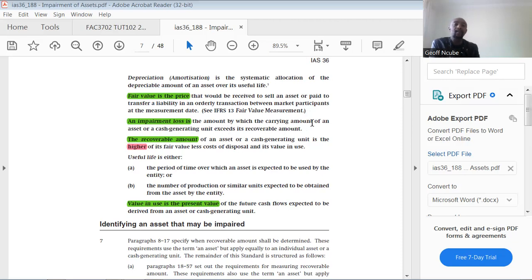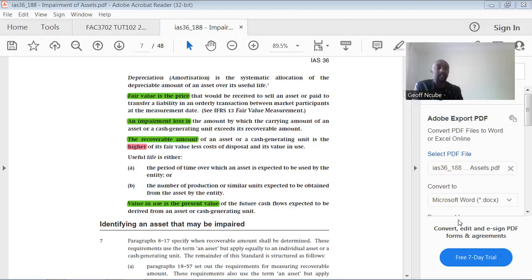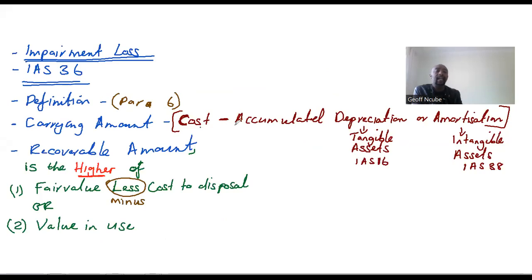So your carrying amount is your normal calculation that you know from your accounting, which is the cost less accumulated depreciation, which works for property, plant and equipment under IAS 16, or amortization, which is for the intangible asset, covered by IAS 38. So that's your carrying amount.